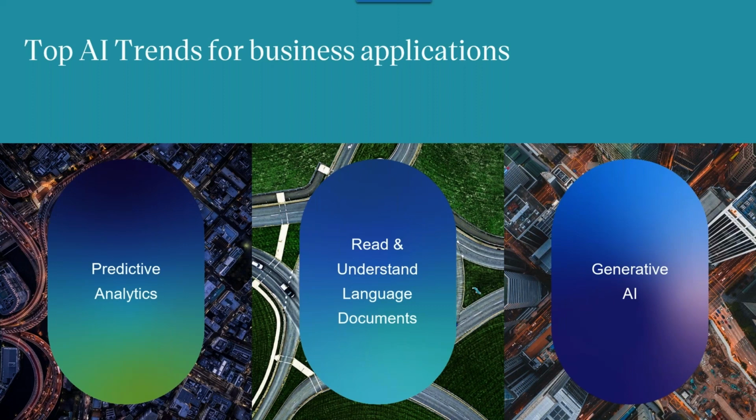In the last 3 years, we have seen another type of AI, and I call that understand documents. In every single company, most of the information is what we call unstructured data, which is typically documents and websites. It's about 95% of the data you have in your company.